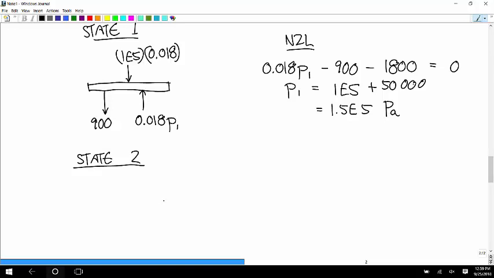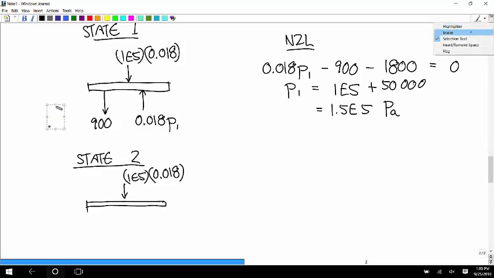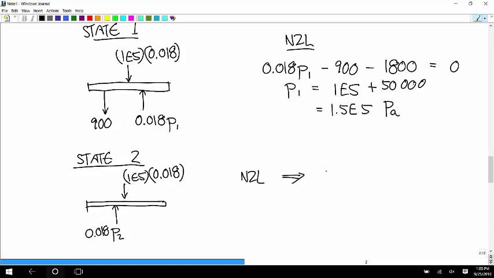And then at state 2, we have 1 times 10 to the 5th times the area pushing down, and pushing up we have the unknown pressure times the area. Newton's second law just says that P2 is the atmospheric pressure.